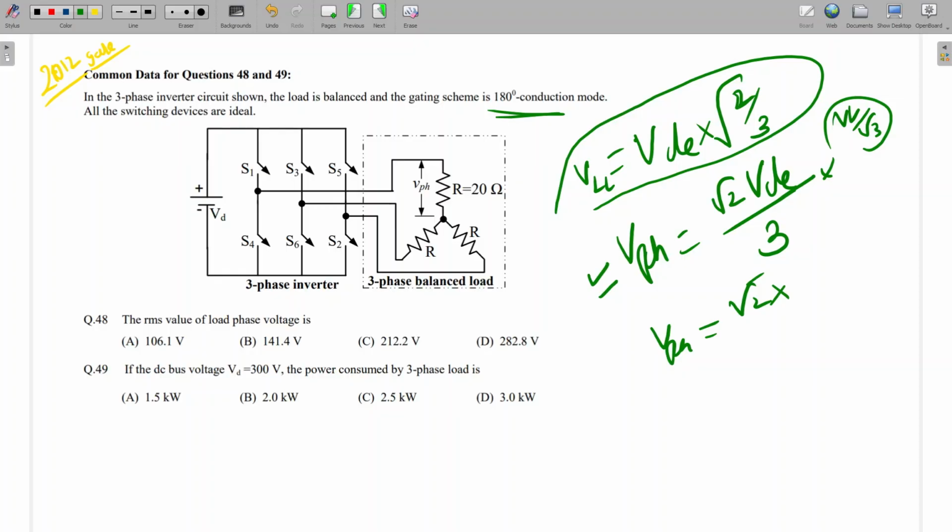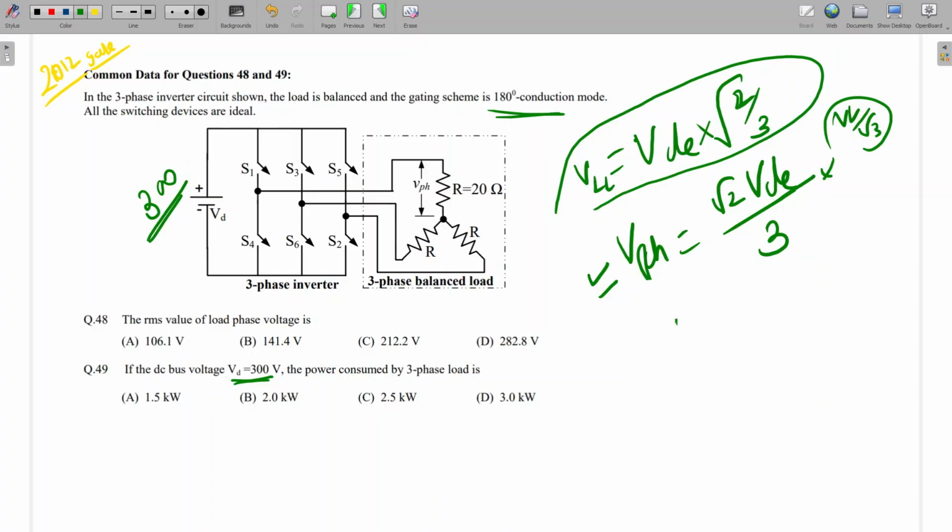Yes, sir, 300. How much VDC value? 300. I copied this question from the GATE website only, but maybe they have missed it. Sir, it is given in question number 449. Okay, okay, it is given here.